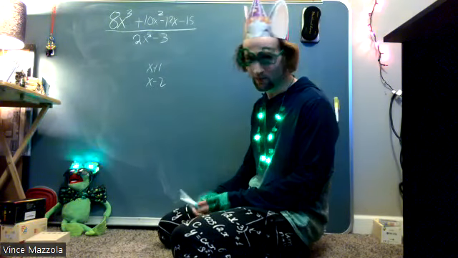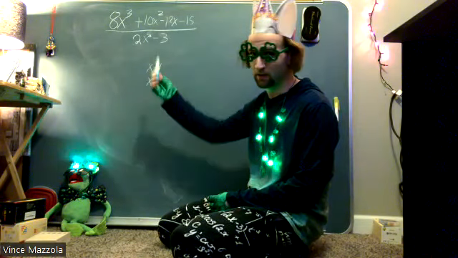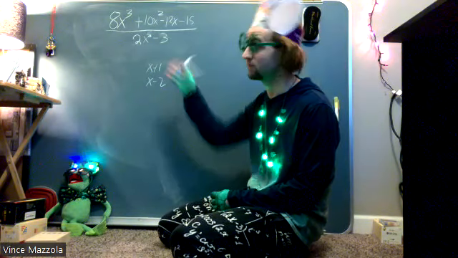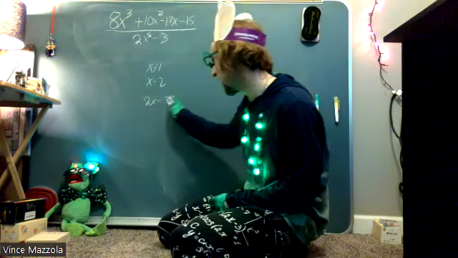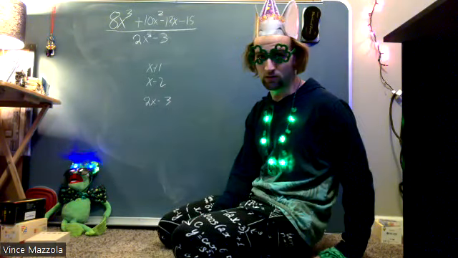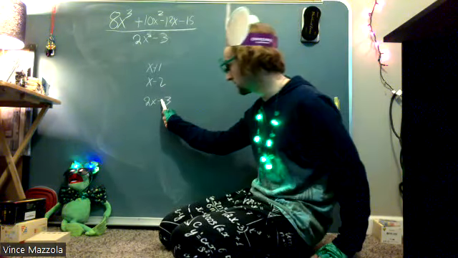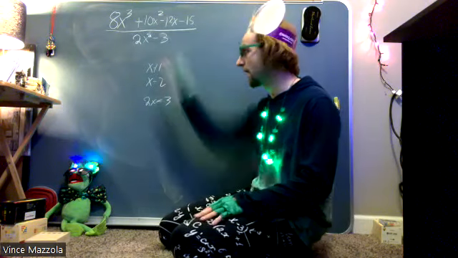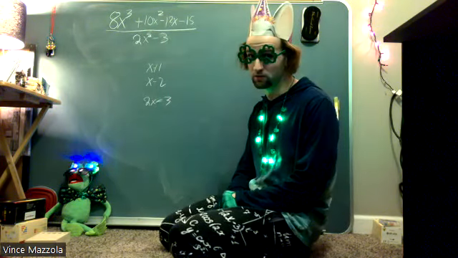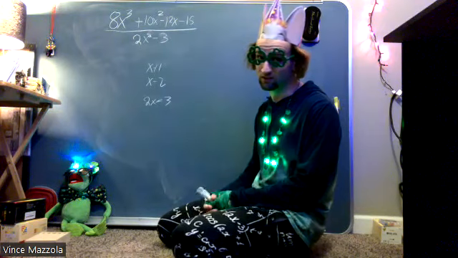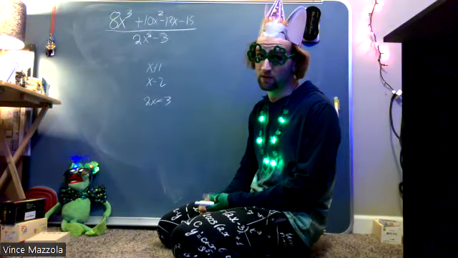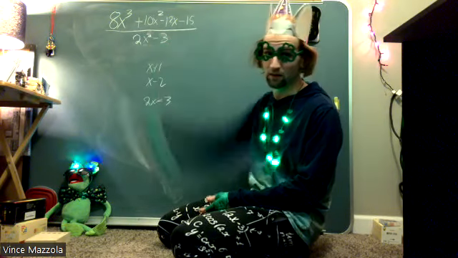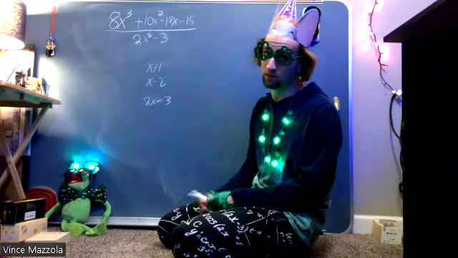That would be like -1 up top and 2 on the 2 up top. You could also do that same thing here with 2x minus 3, because you could just put a 3/2 up top, since that's when it's equal to 0. So you could technically still use synthetic division, but that only works for first powers. This is a second power that we're dividing by, so this is a requirement to do long division.